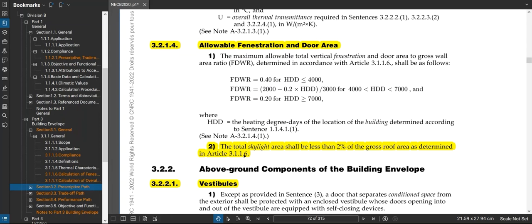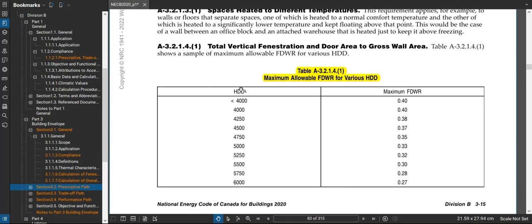I mean, they show you the calculation to do this, but you go to the appendix and you find your heating degree days in your climatic data for the city you're in. So where I am, we're 5,000 heating degree days. So 33% glazing is the maximum fenestration and door percentage that you could have around the whole facade of the building, basically.